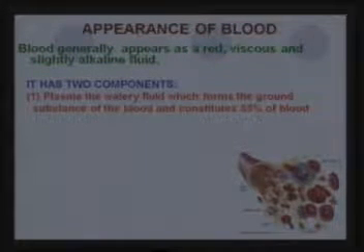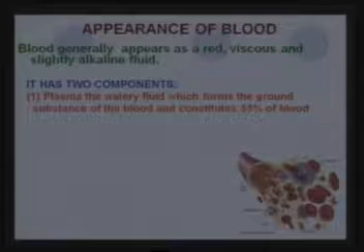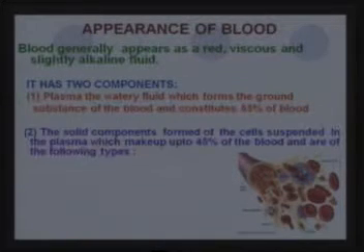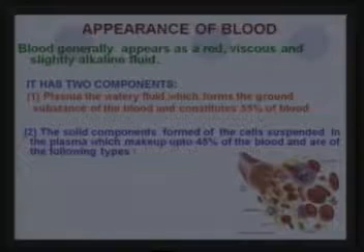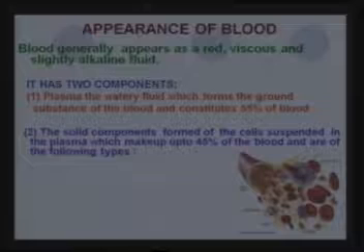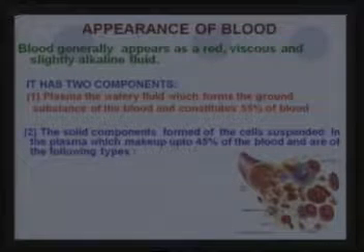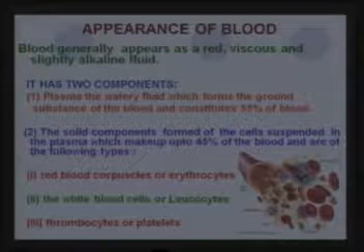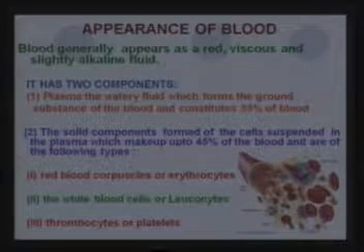This is the watery fluid which has most of the water in it, and it constitutes about 55% of the blood. Within this are the solid components. These are basically the cells found in the body, and these make up 45% of your blood. In the figure you can see the red blood cells, the white blood cells, and the small platelets as well.